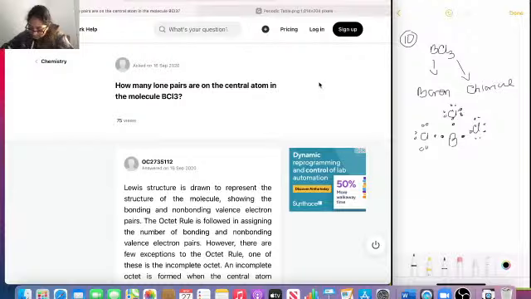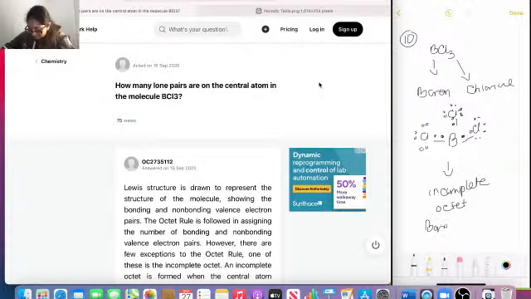So as you can see, 2, 4, 6. And so this is an example of an incomplete octet. So in this case, there are no lone pairs in the central atom of boron. So this is incomplete octet, right?